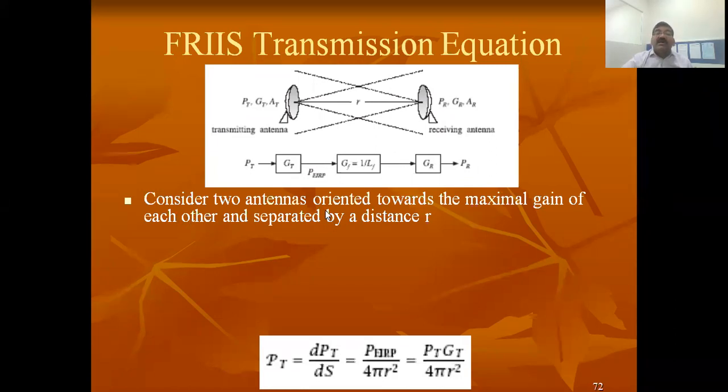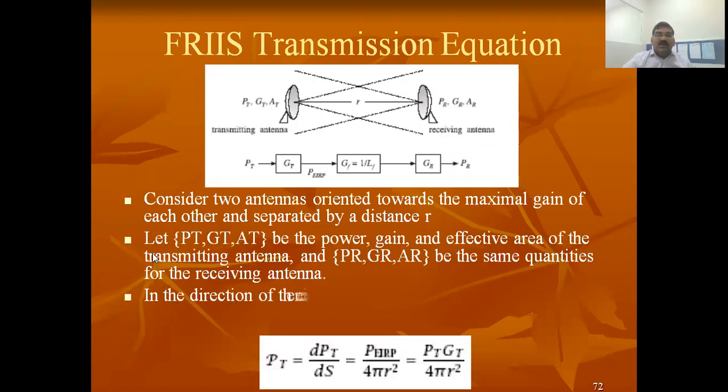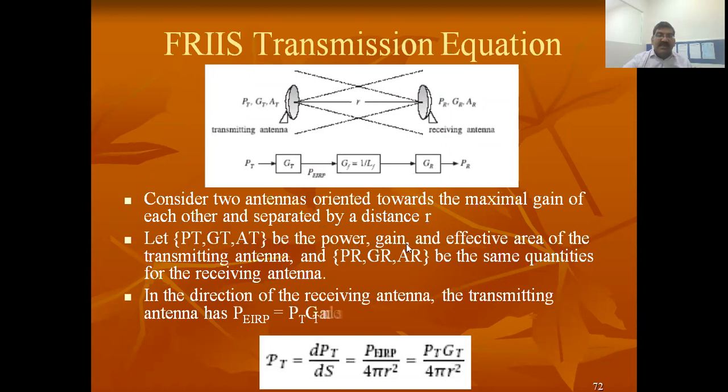So consider two antennas oriented towards the maximal gain, directed toward each other and separated by a distance d, a distance r. As I mentioned, PT, GT, AT: PT is the power of the transmitting antenna, GT is the gain of the transmitting antenna, AT is the effective area.